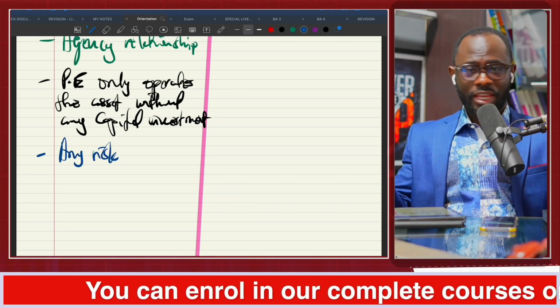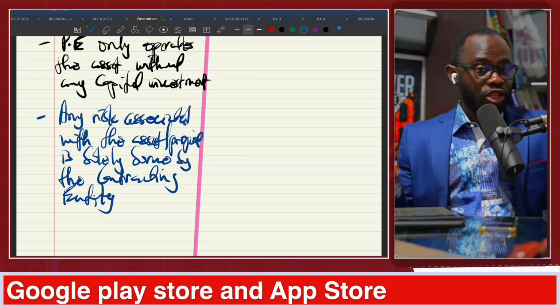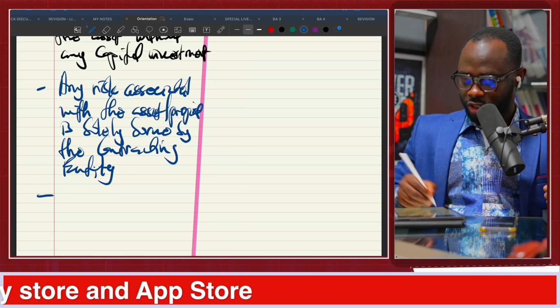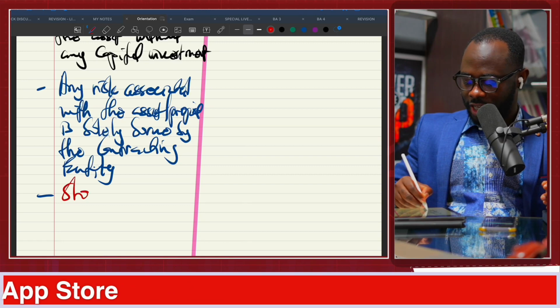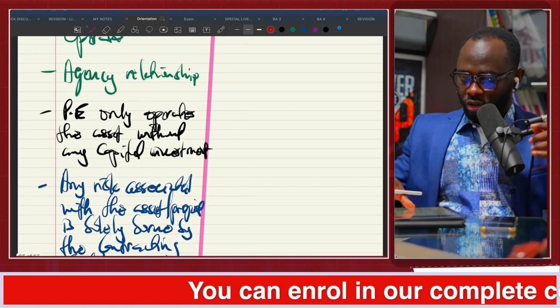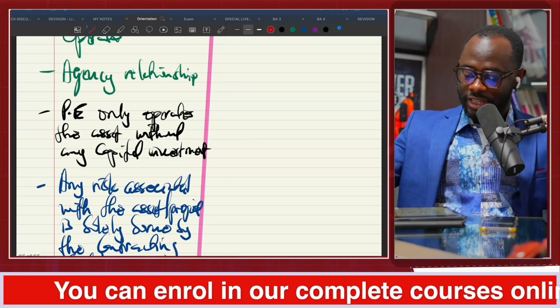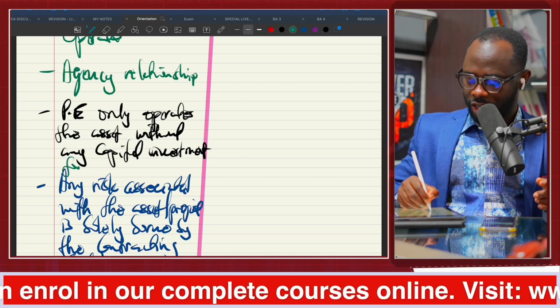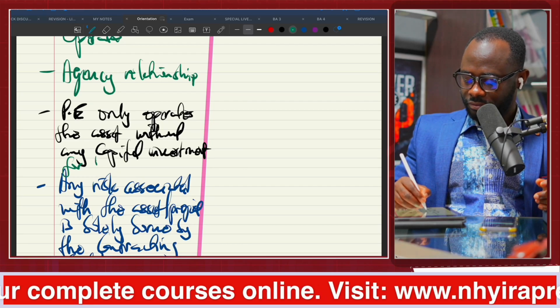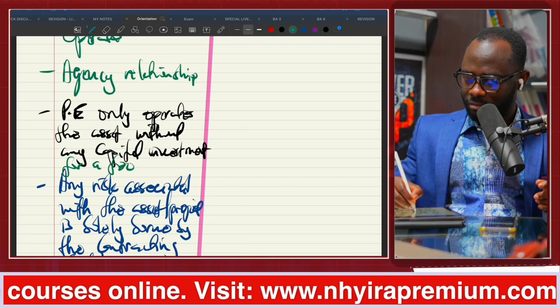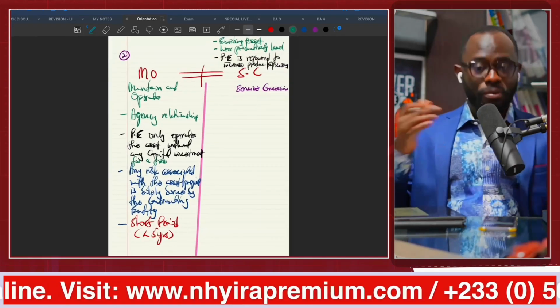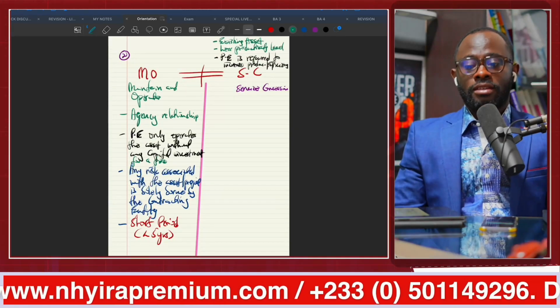Because you're an agent. Agents don't bear any risk. And usually, this is a short period of time, less than 5 years. And so, the private entity operates the asset for a fee. For a fee. So, we pay them because they are agents. So, we pay them to maintain the asset.